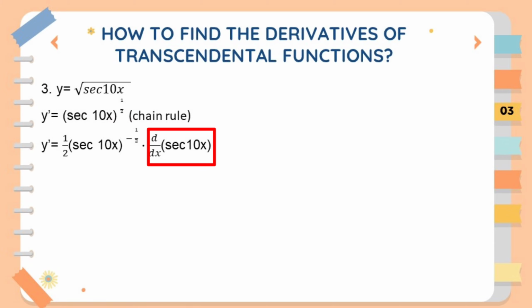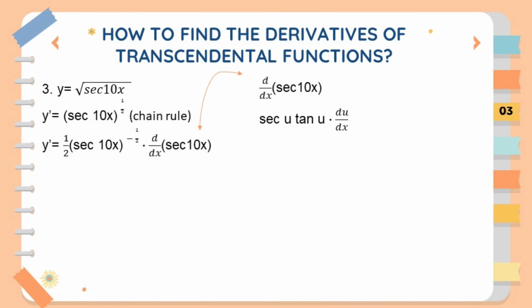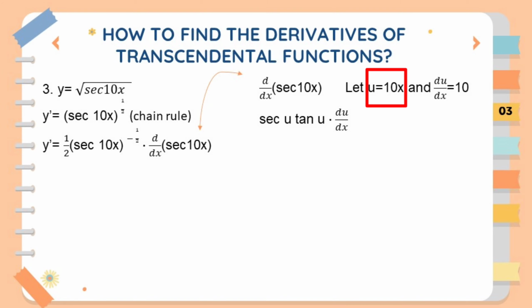Wherein we know that the derivative of secant u is secant u tangent u multiplied by du over dx. We're using the chain rule, let u be equal to the value of the inside, which is 10x, and get its derivative. Solving its derivative, we will get 10, which is the value of du over dx.